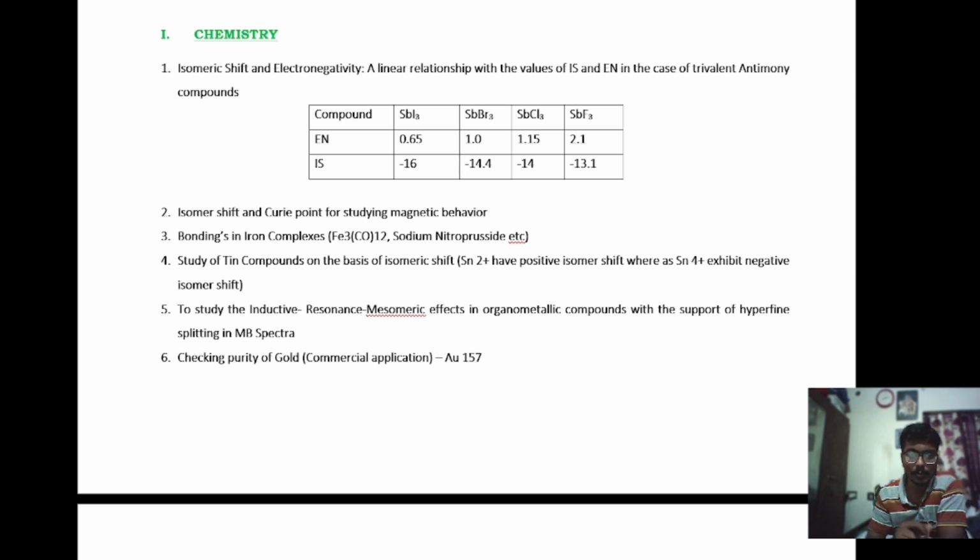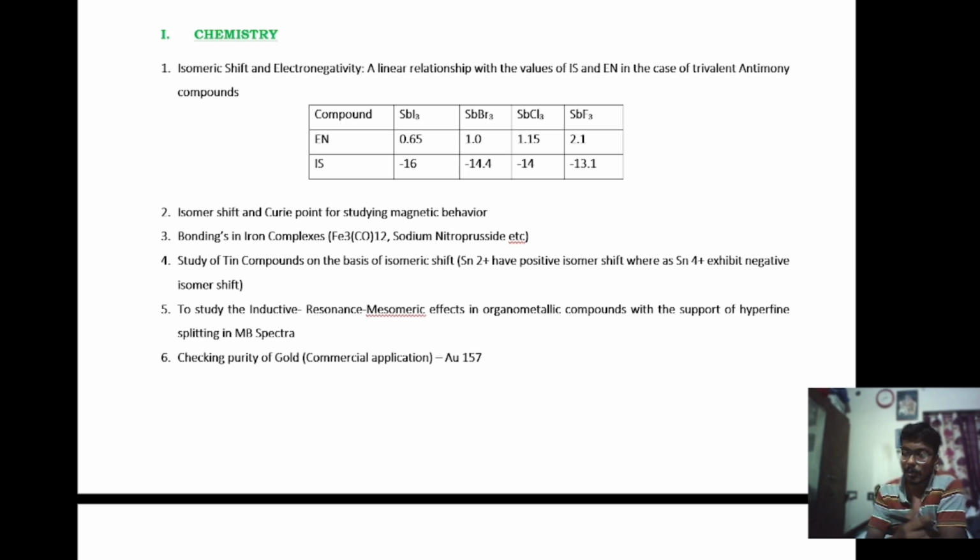I have given two examples. The iron dodecacarbonyl compound, which is one of the important organometallic compounds, and whose structure elucidation is very difficult using conventional X-ray. But using Mössbauer spectroscopy, it is an octahedral structure which is clearly identifiable.